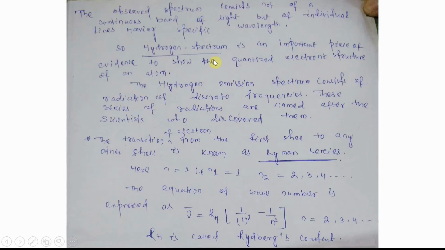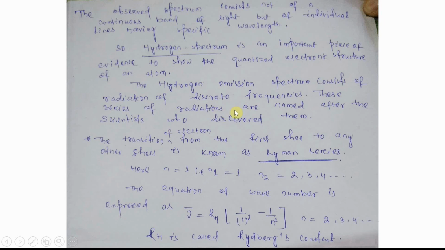And so the hydrogen spectrum is an important piece of evidence to show the quantized electronic structure of an atom. We can easily notice the structure of an atom from the hydrogen spectrum through the wavelength difference. The hydrogen emission spectrum consists of radiation of discrete frequencies. Since the wavelength is different, the frequency is also different, because frequency and wavelength depend on each other.